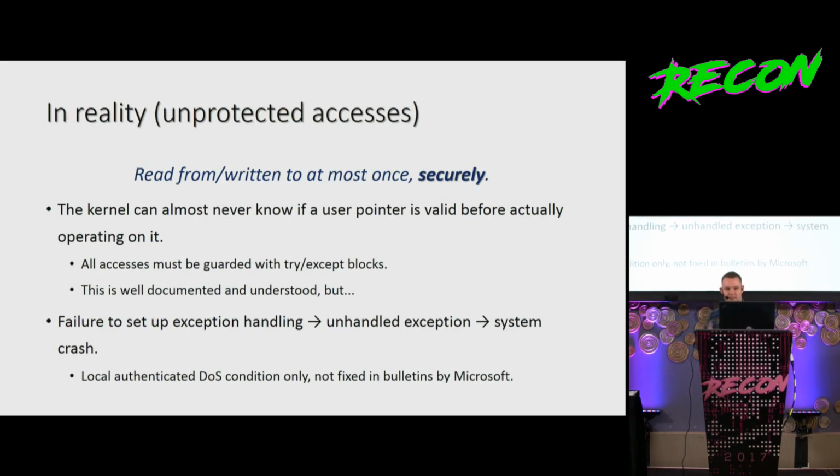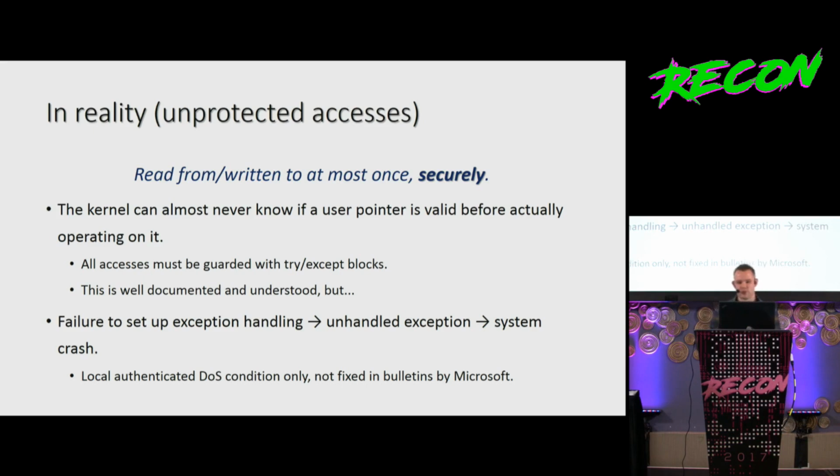Okay, but then there are also other things that we can break. For example, the kernel might try to read the data or write the data, but not in a secure way. Normally it's quite obvious that any access to user mode memory should be guarded with a try-except block, because the kernel never knows if the address is valid or not before it actually tries to access it.